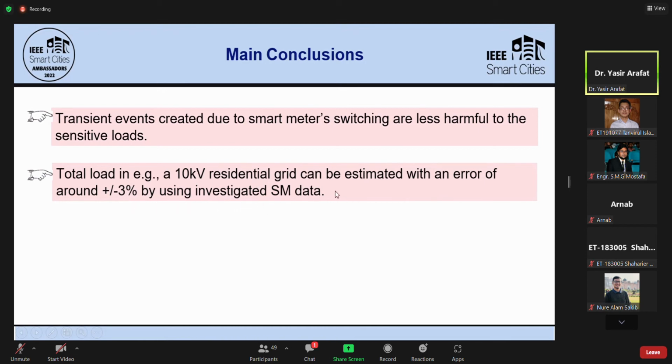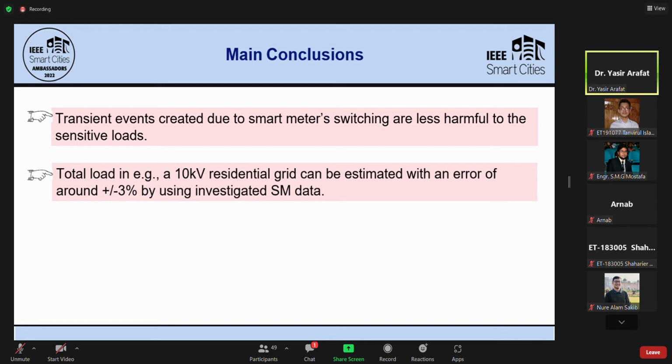That means we have smart meter data. We used those data to train the model of the neural network, and then that saved model was used to forecast load at any time. And we have seen that the error is not that high. So why do we do that? Because if we want to disconnect from a medium voltage substation, we know how much load has been disconnected.